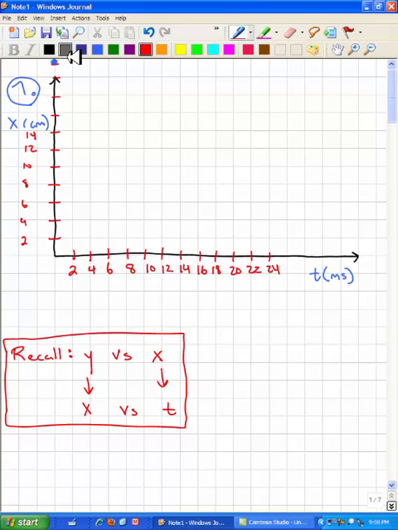Now let's plot our values. At 2 seconds, I am at 20. So 14, 16, 18, 20 here. At 4 seconds, I am at 15.